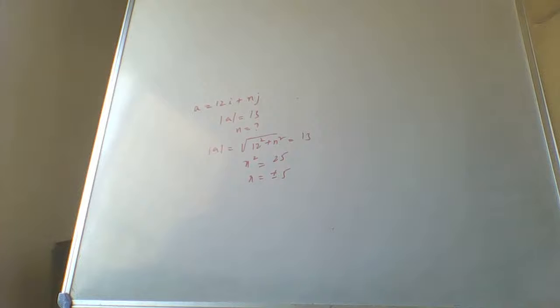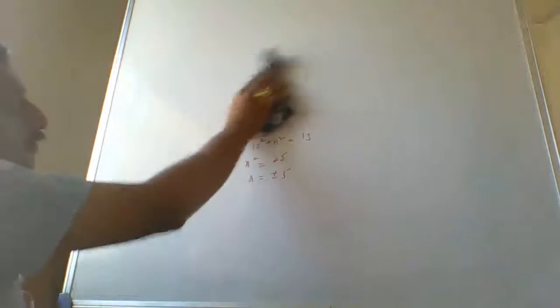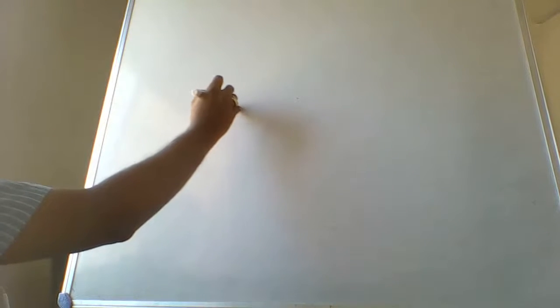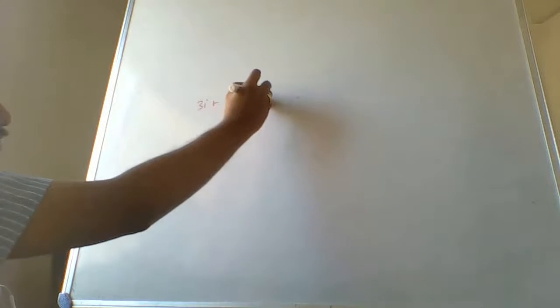Let us find the next problem. Suppose I have been given one of the sides of a square represented by some vector, say 3i plus 4j plus 5k.